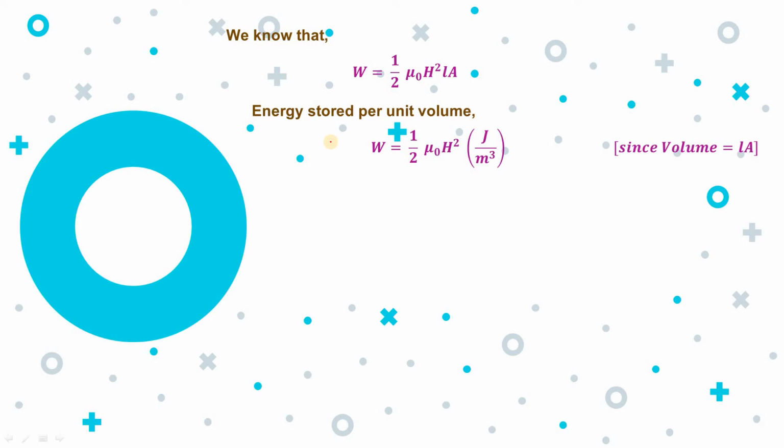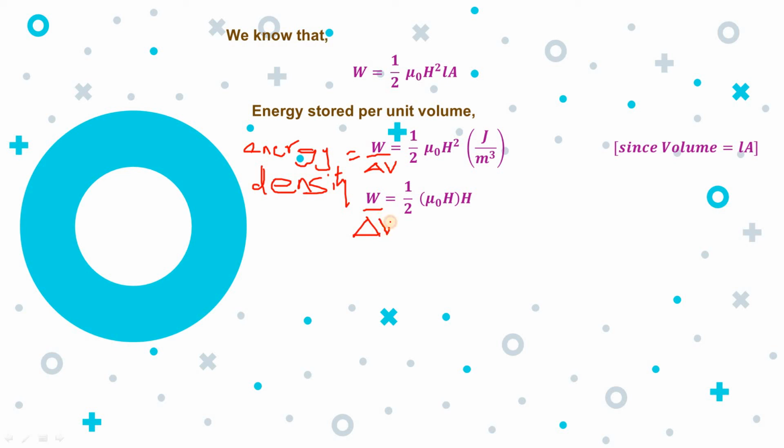Since volume is nothing but LA only, the energy density, that is the energy stored per unit volume, is half into mu naught into H square.